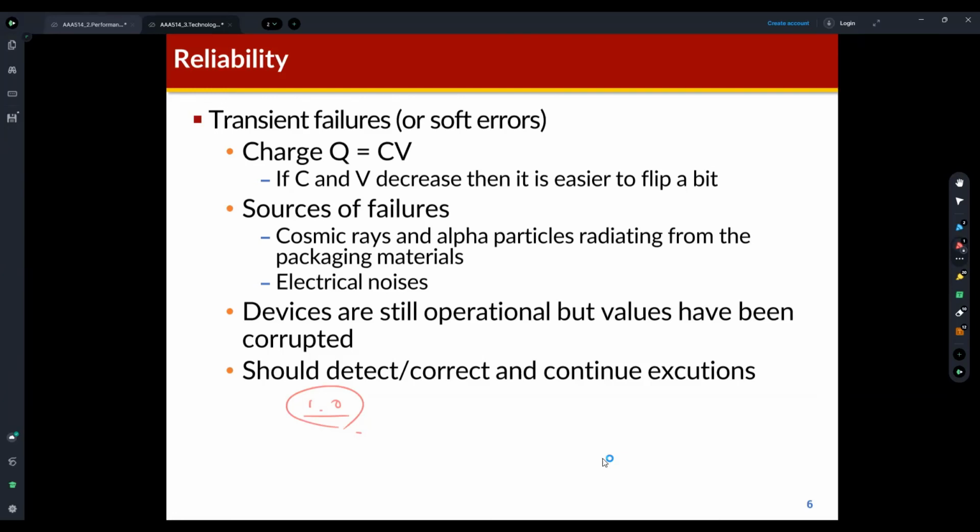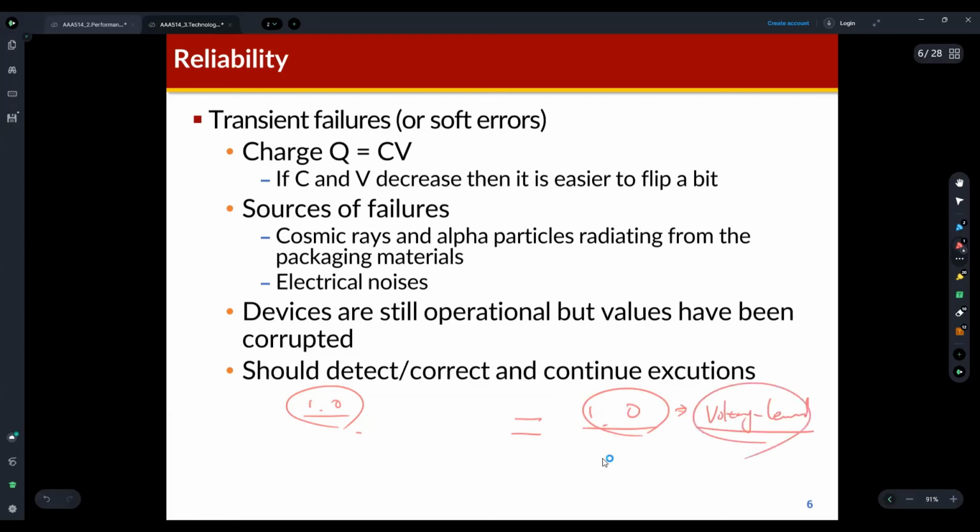We live in an analog world, so the 1 and 0 of the digital signal is just determined by voltage level. And the voltage level is determined by the stored charge in the capacitor.